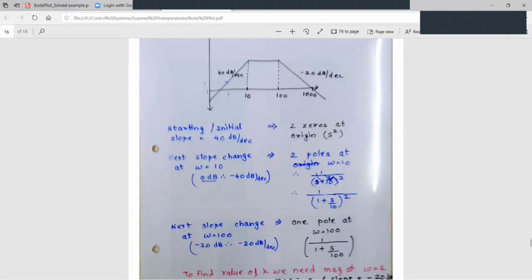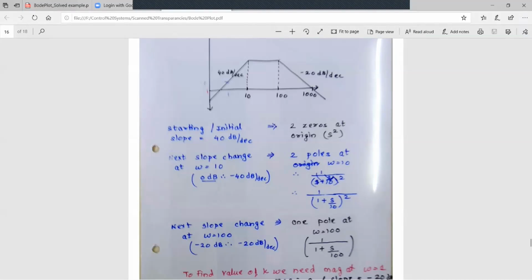Yeah. Now suppose this is the example. This is the gain plot that we are having. We are having the slopes also, and the frequencies also, and from this we are supposed to guess what the transfer function is.